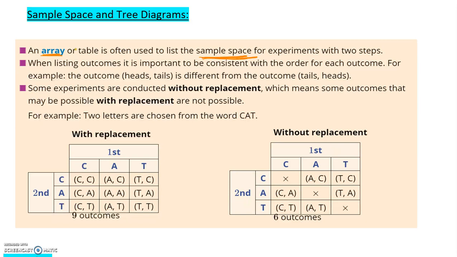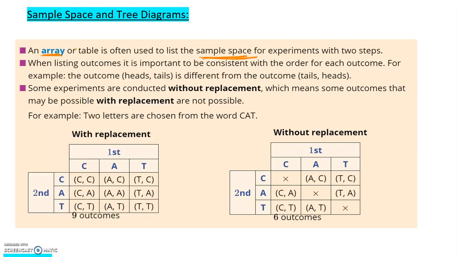So the first experiment is when you flip the coin once, and the second experiment is when you flip the coin the second time. Or another way is you flip two coins. So therefore you get two sets of outcomes. But what we're going to look at is how we combine those outcomes into one tree diagram and one table or an array.